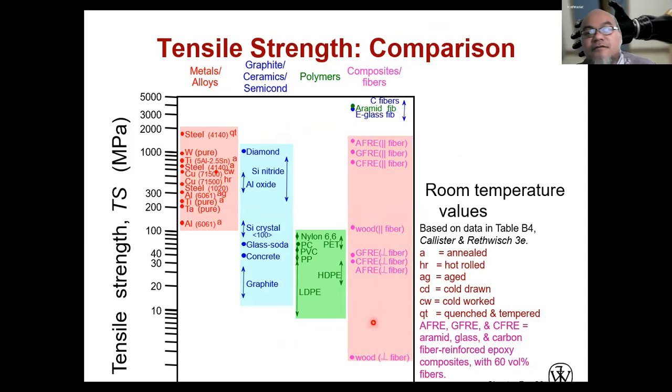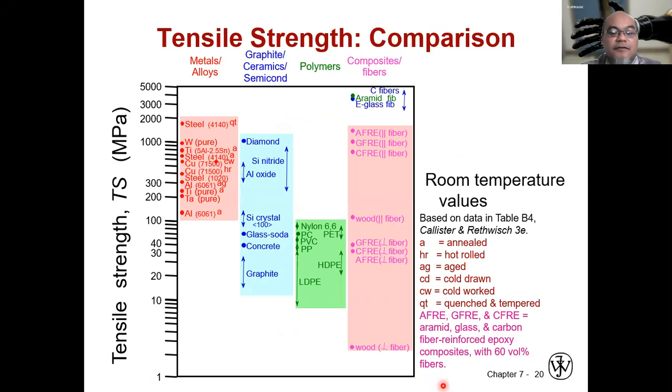This is the comparison of tensile strength for various materials. As you see, metal alloys have relatively higher tensile strength compared to the others. Graphite, ceramic, semiconductor here, because mostly they are fragile, they cannot deform. They do not have yield strength.